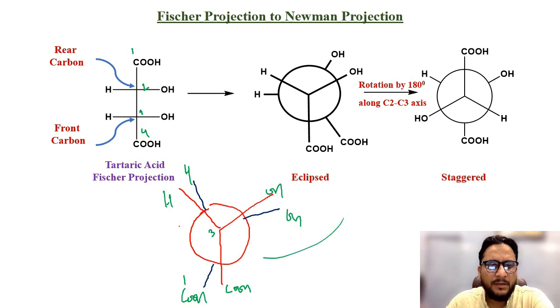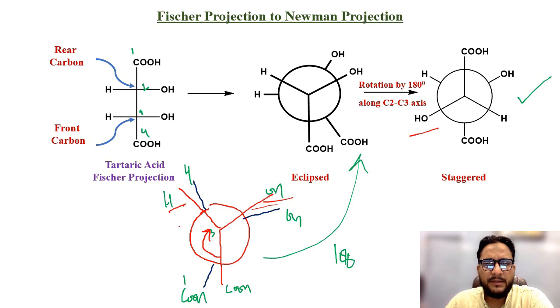Again we rotate it by 180 degrees to make it upside down, and once it is upside down it forms this. You can see in this structure, because when we rotate the front carbon, as in the case of the Sawhorse formula, here also we rotate the front carbon, so this COH will go to the top, and OH will come to the left side, while H will go to the right side, while the back carbon, the rear carbon, remains the same.